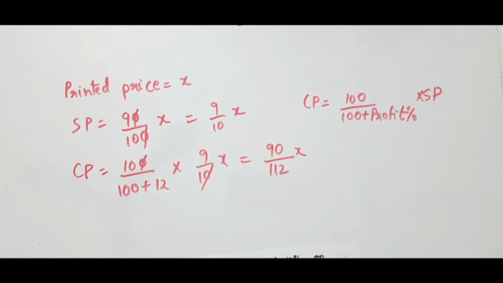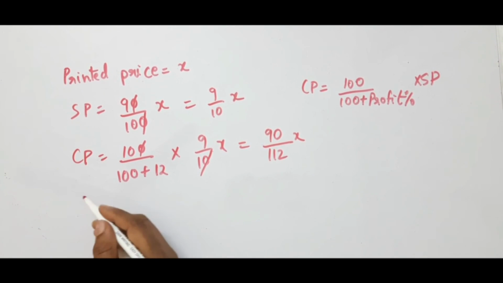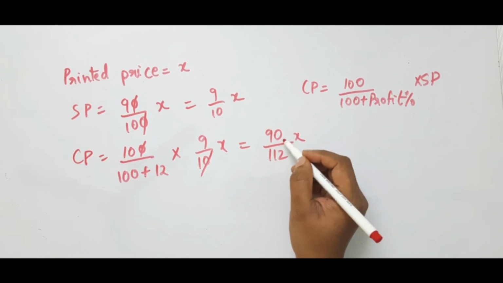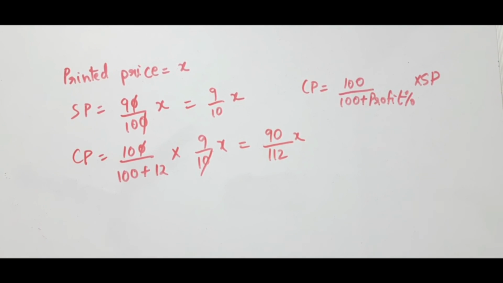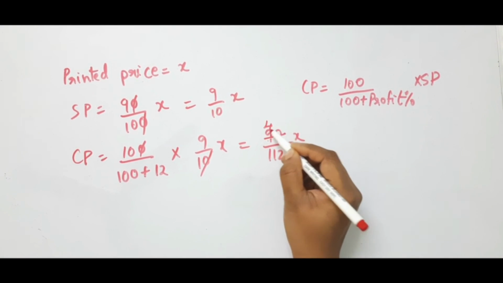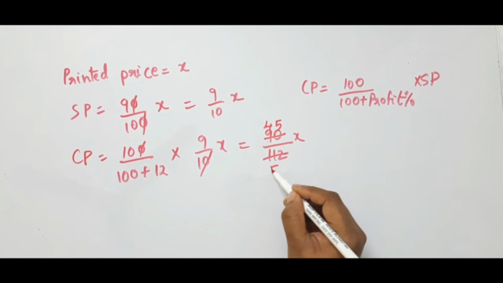Now we have to find the ratio of cost price to printed price, is it not? So this can be simplified. 2 4s are 8, and here it is 5, and 2 5s are 10, and here it is 6.